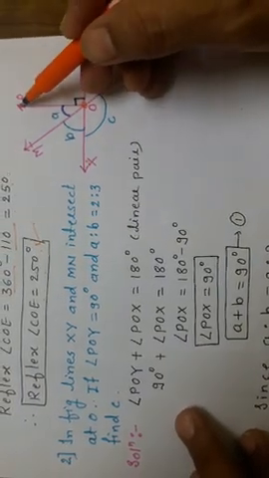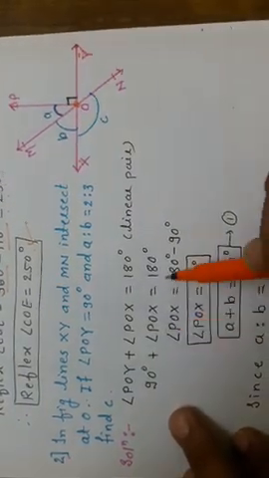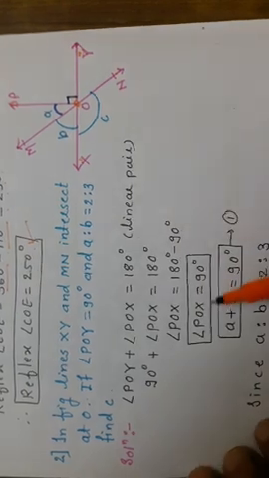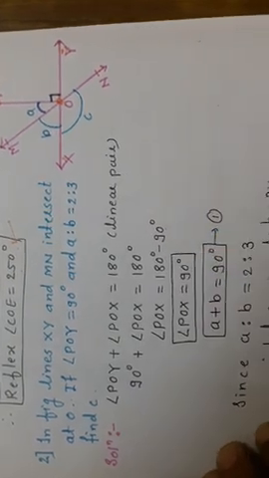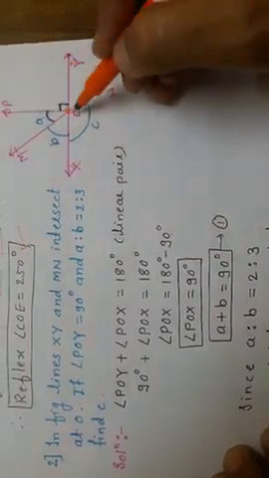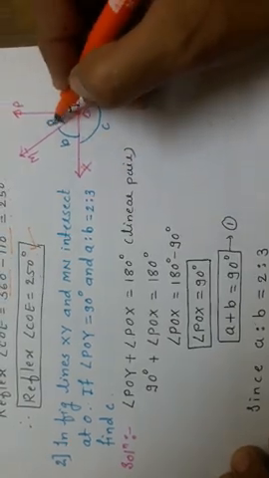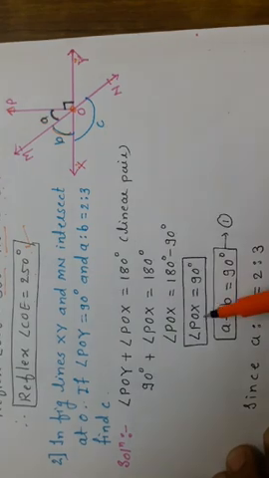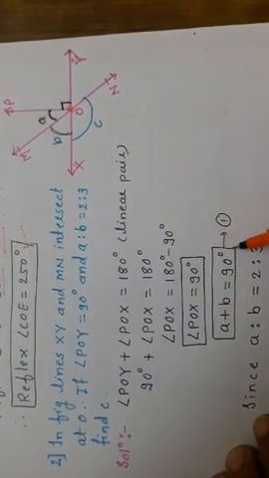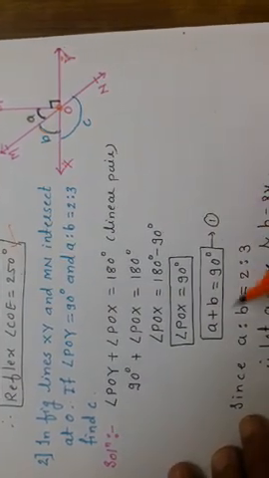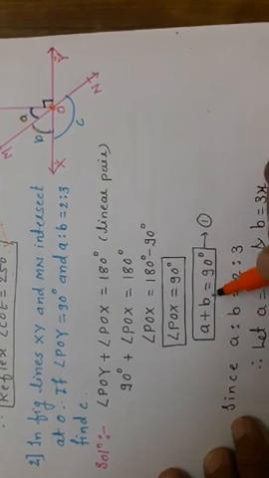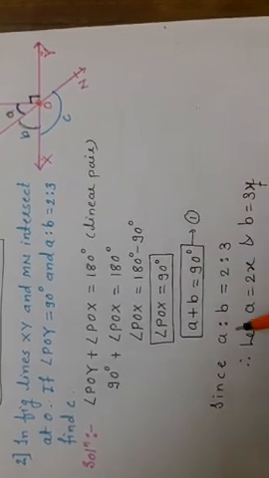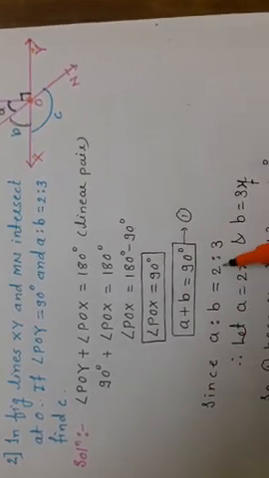So what we will get, POX is equal to 180 degrees minus 90 degrees, means POX is equal to 90 degrees. But POX is made by the two angles, angle a and angle b. So we will say a plus b is equal to 90 degrees. But we do not have the values of a and b. But they have given a is to b is equal to 2 is to 3.